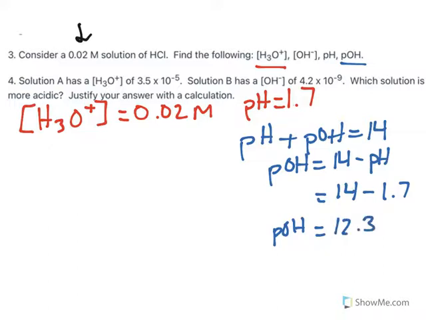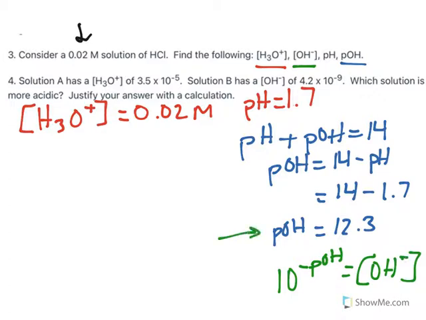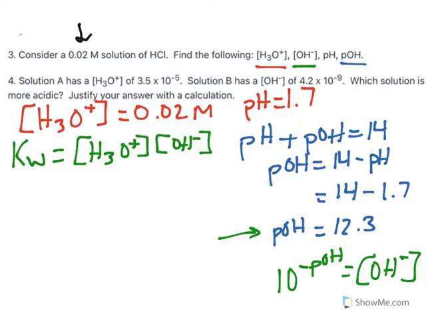So now you have 2 options whenever we go to find this OH concentration. You can either say that 10 to the negative pOH equals the OH concentration, meaning take 10 to the negative 12.3 power to find your OH concentration, or you can say since Kw equals the hydronium concentration times the hydroxide concentration, we know Kw, it's 1.0 times 10 to the negative 14th.